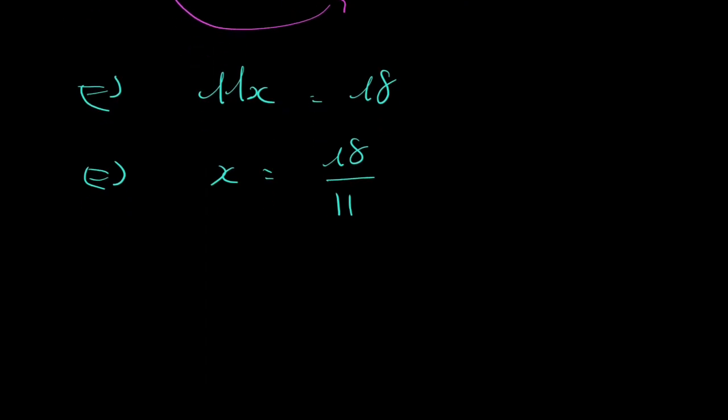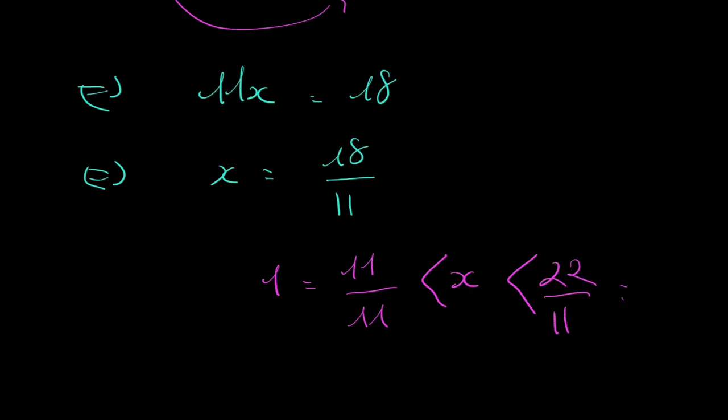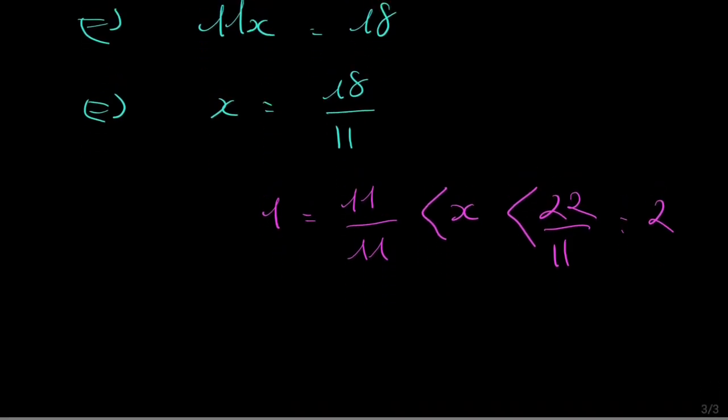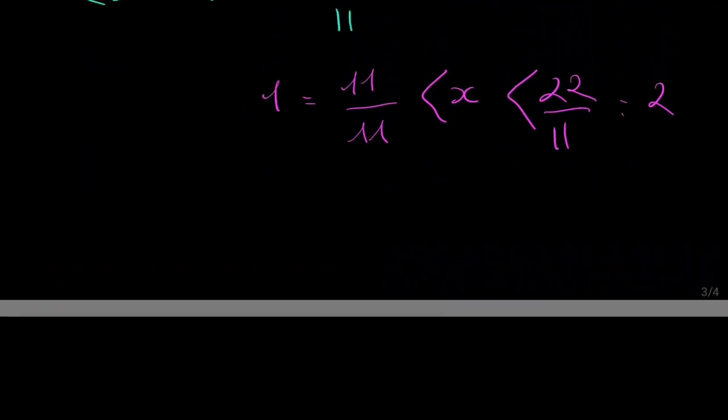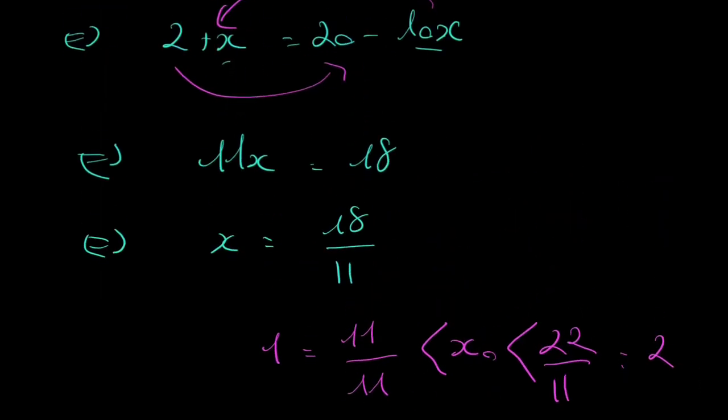Now we can say that 1 is equal to 11 over 11, and that we've got x strictly greater than that, because we've got 18 over 11. And this thing is lower than 22 over 11, which is equal to 2. And we can say that x is between 1 and 2. So let's call x0 this solution.